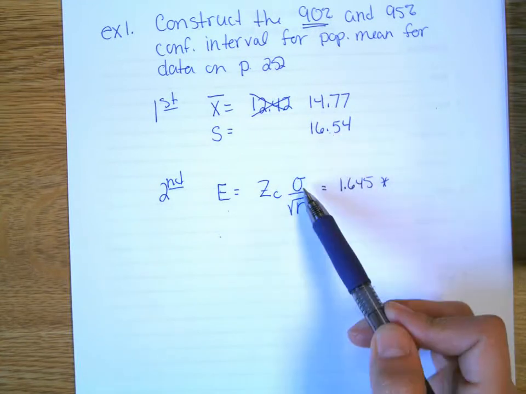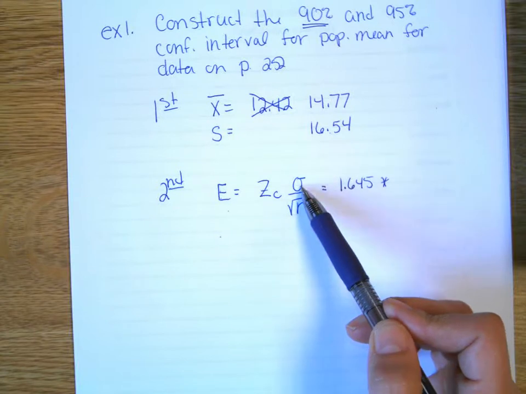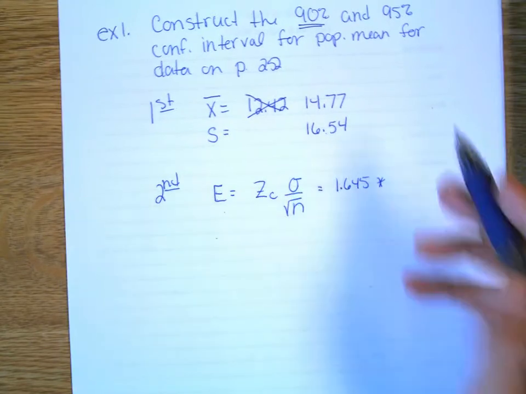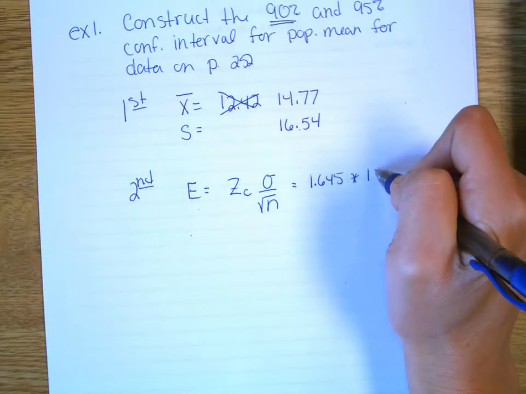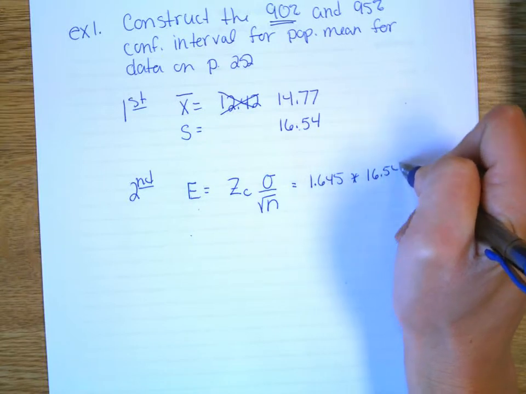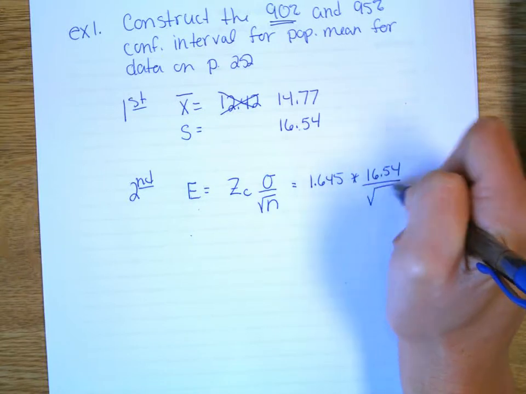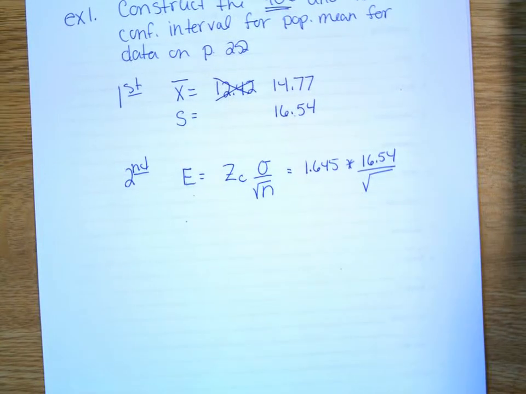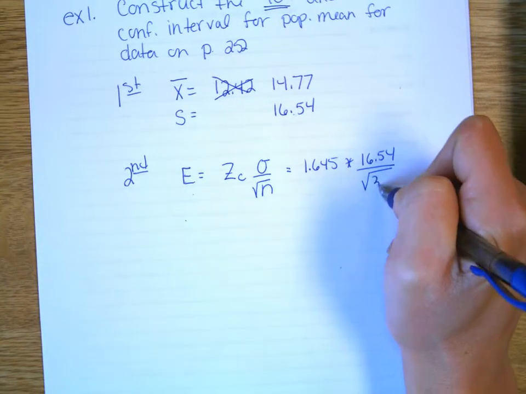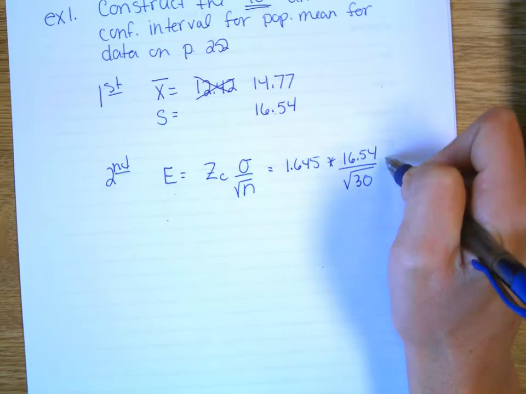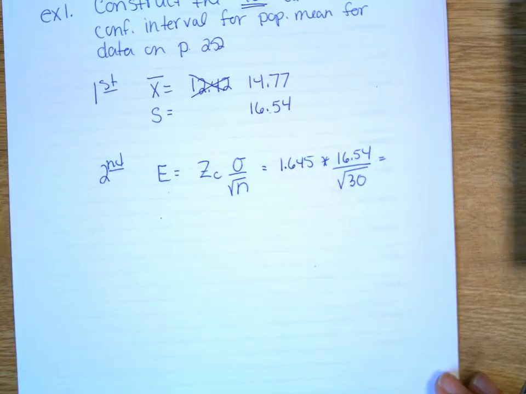We're grabbing the S. And it's okay to put an S in place of a sigma if you don't know the sigma. We don't know the sigma. So 16.54. What was our sample size? How many numbers did you put in the list? 30. And then it's just calculator work from there.